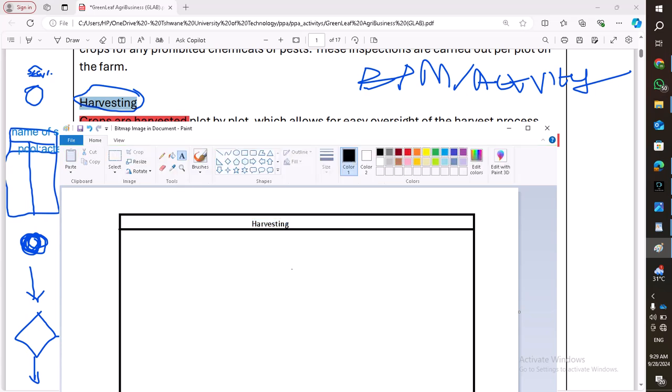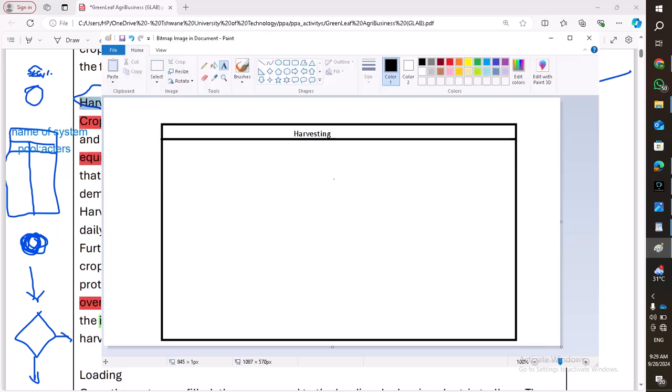Okay, it's harvesting, so this is the name of my pool. Again, let me read. There are 3 people, so there are 3 lanes. This is so small, but I will show you how you can do it. So we have lane number 3.